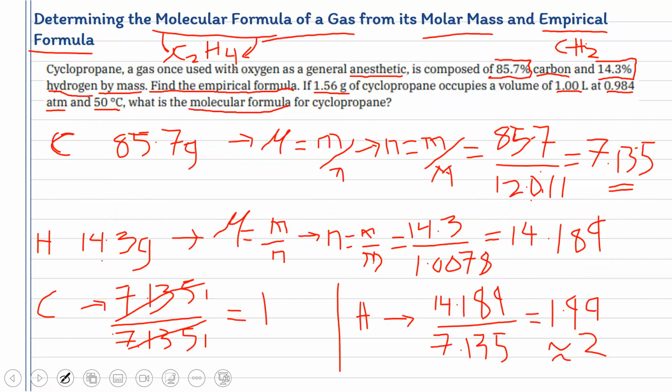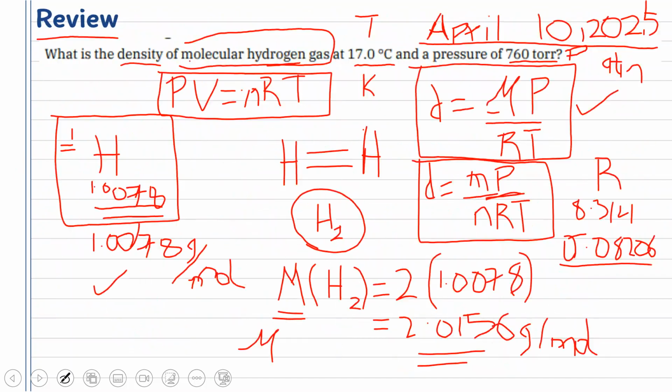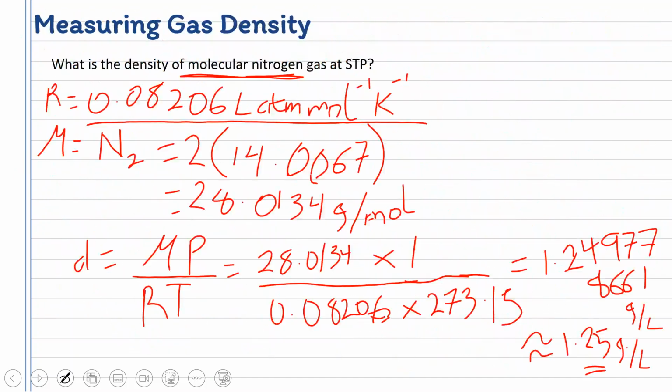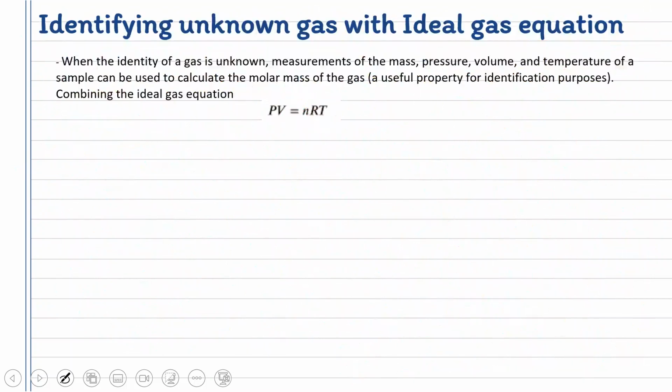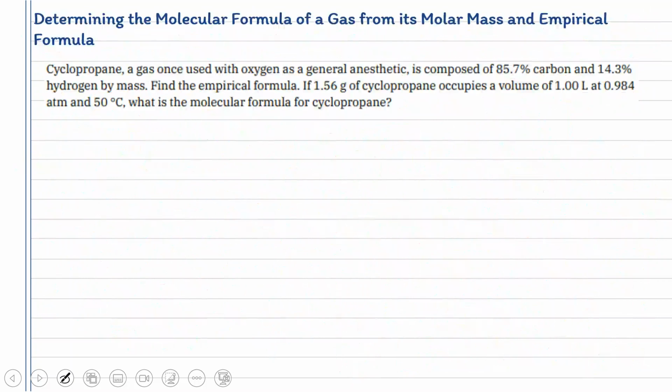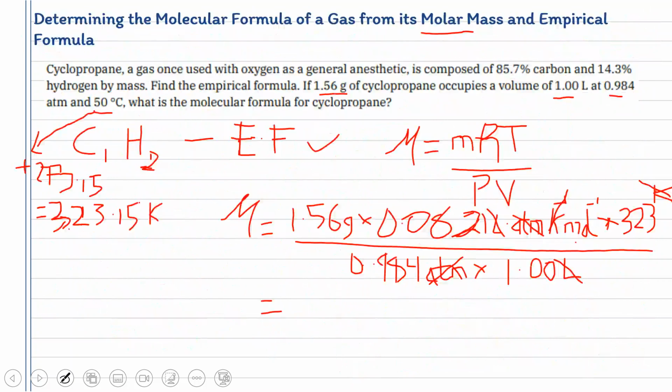I want to make sure everything we did is right. The value for R, yeah, is 0.0821. So we're right. We're on the right track. And what answer did you get? My calculator is giving me an answer that I don't trust.